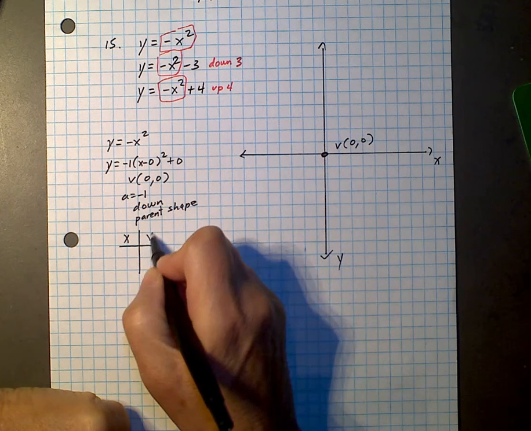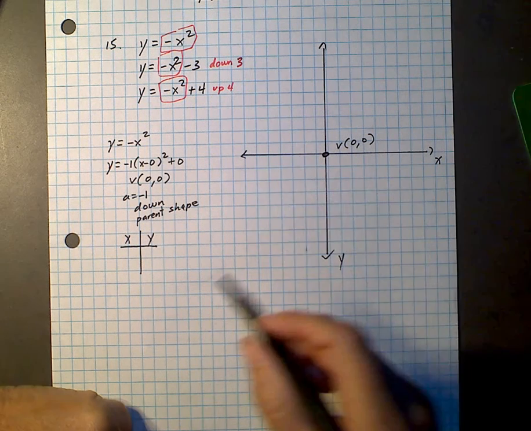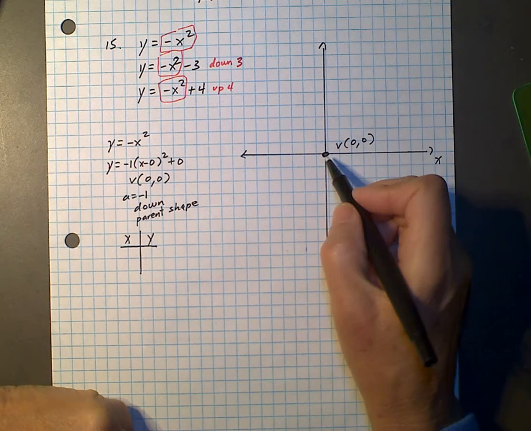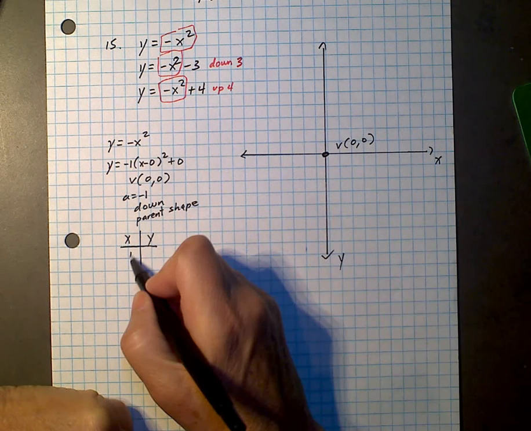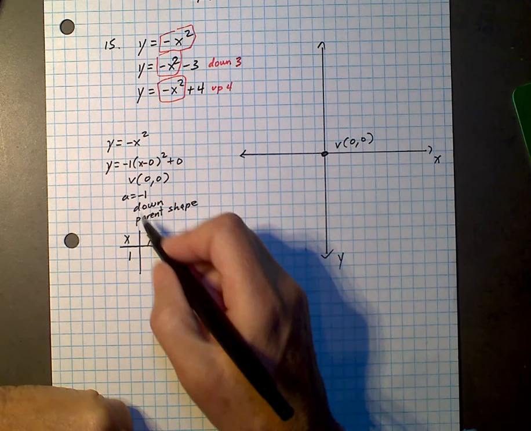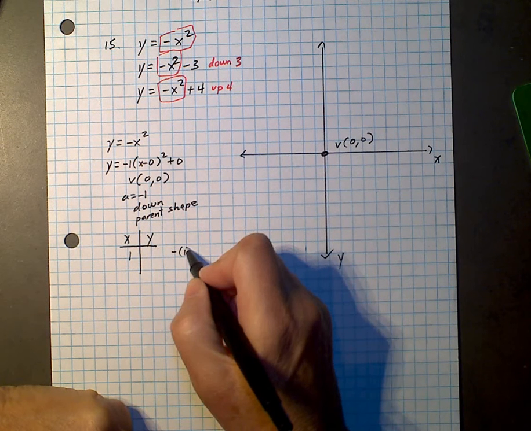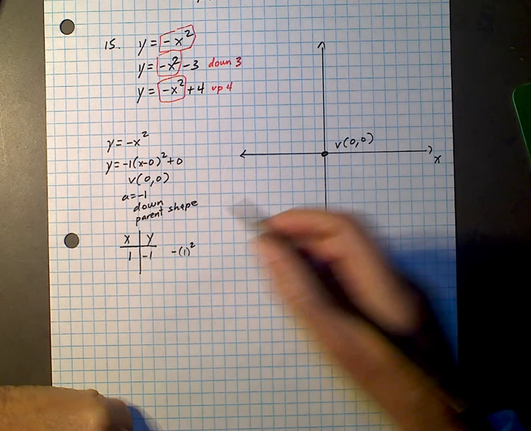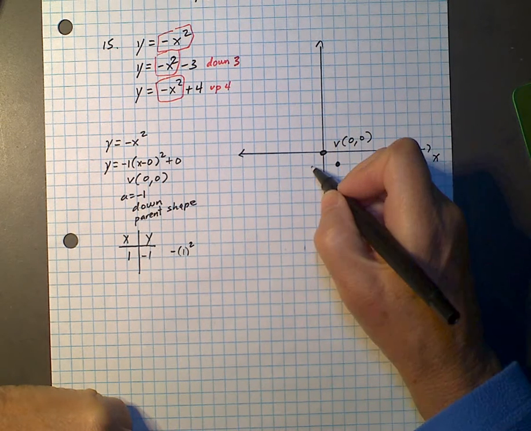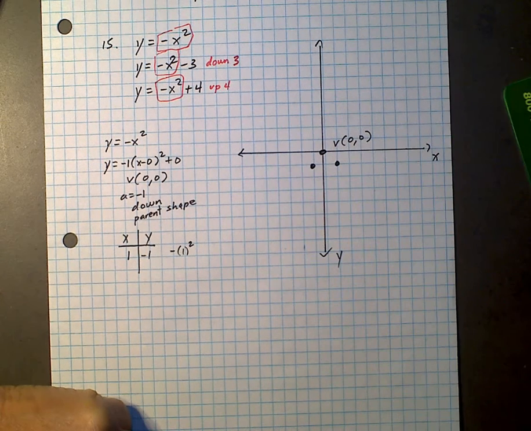So I already know that, well, let's just do a couple x, y. You get real used to the shapes, and so you know how to map them out from here. But if I just put x as 1, then y is the opposite of 1 squared, so it's negative 1. So 1, negative 1 is on the graph, and negative 1, negative 1 is on the graph.